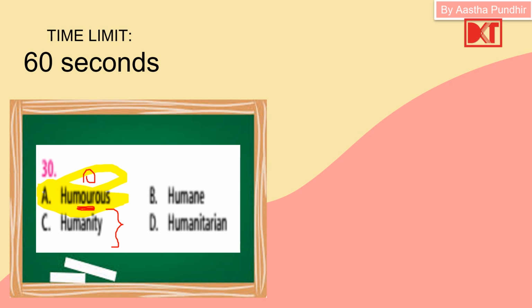Humanitarian again is actually an adjective because when humanitarian is used, suppose we say this thing is being done for humanitarian purposes. So a humanitarian purpose refers to the purpose to promote people's well-being and promote their welfare. Something done to help people.